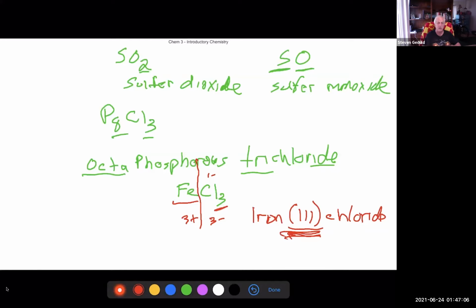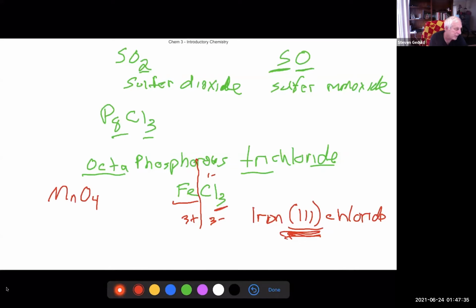If you're doing the ionic compound and you notice there is a transitional metal, then you have to write the Roman numeral. Okay, let's write MnO4.